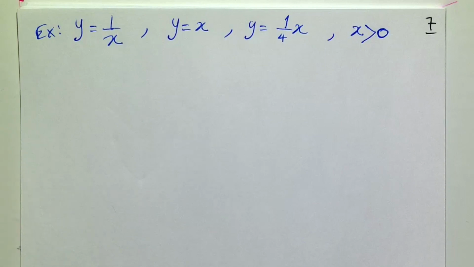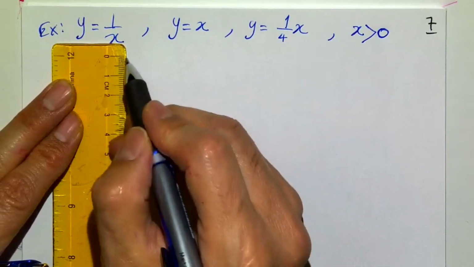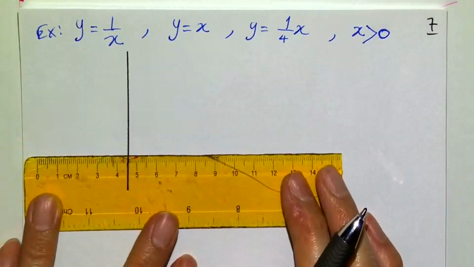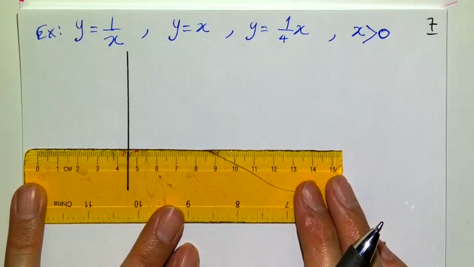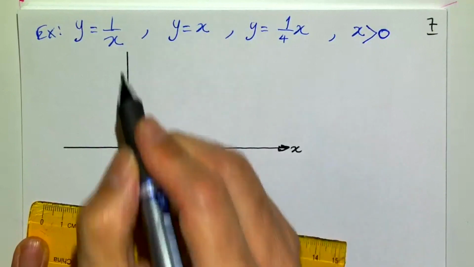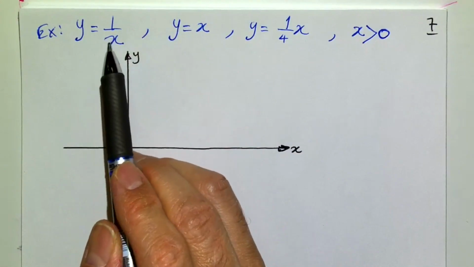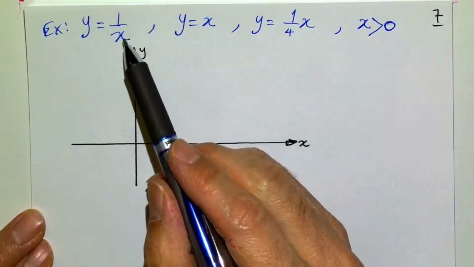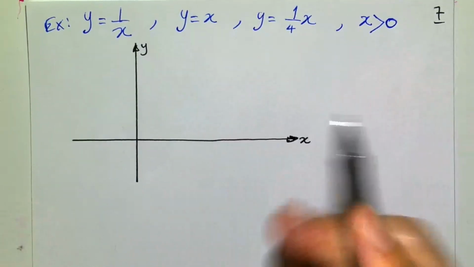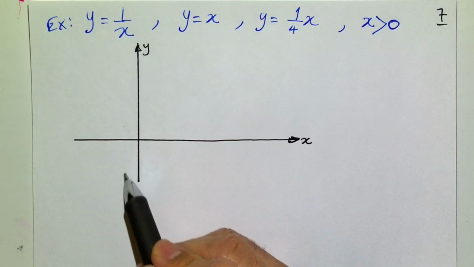Okay, just like before, let's draw the graph for this scenario. So 1 over x, we know from the past that this is a rational function graph that has 2 pieces. One piece ends up here in the first quadrant, another piece ends up in the third quadrant.